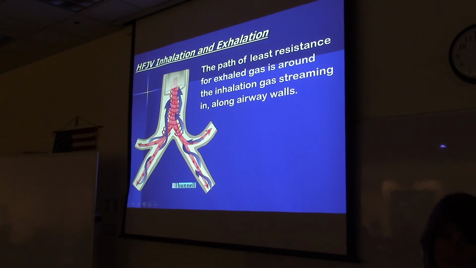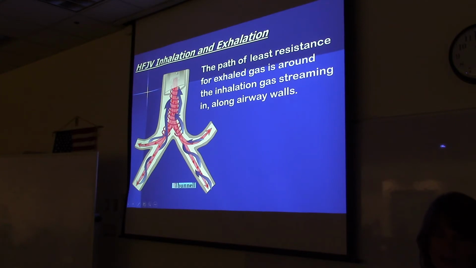This is a diagram I took off the Bunnell Jet Vent website. One of the PowerPoints has it on there. It shows how when you push, the air will go down the center of the endotube, and at the same time allow exhaled gas to escape closer to the wall of the endotube.